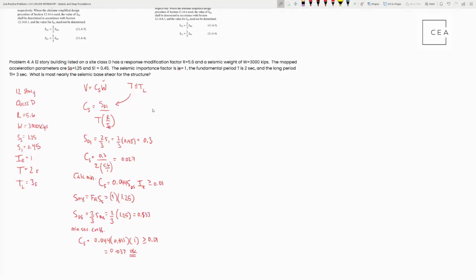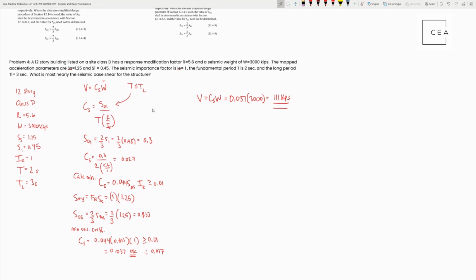So therefore, you're going to use 0.037. Okay? So now we go back up and we say, okay, our seismic base shear, V equals CS times W. Now we plug in our 0.037, and we're going to multiply that by our 3,000 kips, which was given to us, and that gives me 111 kips. That's a lot of kippage.